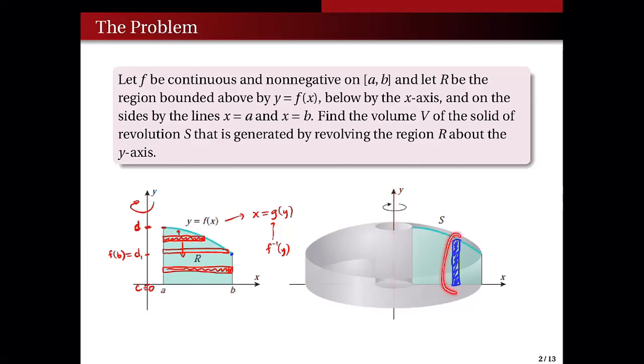So this is a vertical strip, and the axis of revolution is also vertical. And remember, the variable of integration depends on the strip you are considering. Vertical strips or vertical slabs with respect to x. Horizontal strips or horizontal slabs with respect to y.